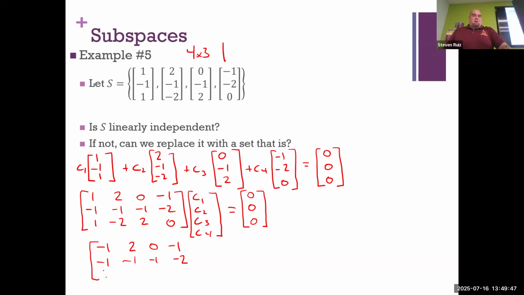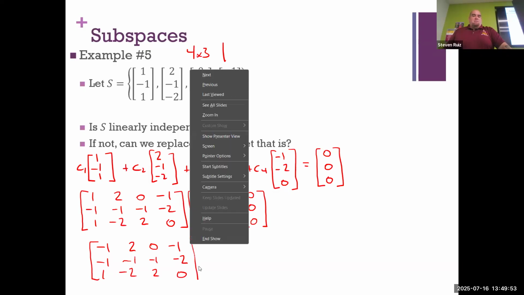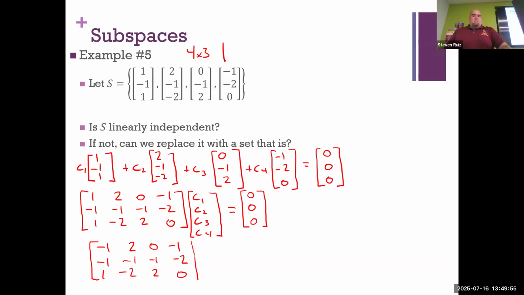Does anybody have any suspicions about whether this is actually linearly independent? If it was linearly independent, what would I be able to do here?